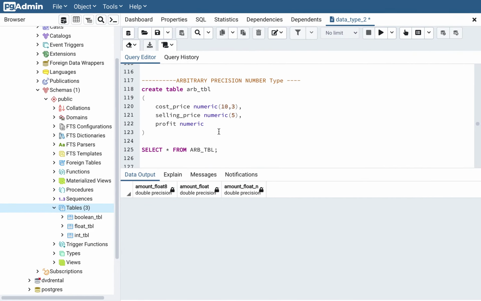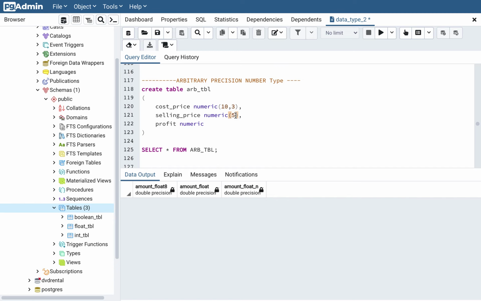Here I have created a table called arbitrary table, which has 3 columns called cost price, selling price and profit. For cost price, I have defined both precision and scale. That means the precision value is 10, which means the total number of digits including before and after the decimal is going to be 10, and 3 is the number of digits after the decimal. Similarly, selling price is numeric 5, meaning I have only defined the precision value.